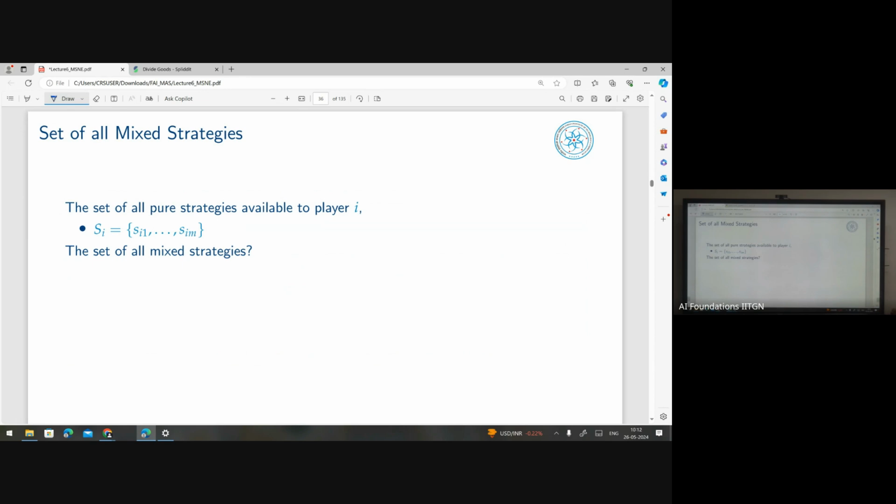Now, player i has m pure strategies, A, B, C, D, and so on. So there are m pure strategies. The set of mixed strategies is drawn from something called a simplex, an m-1 dimensional simplex, and it is denoted by capital delta Si.